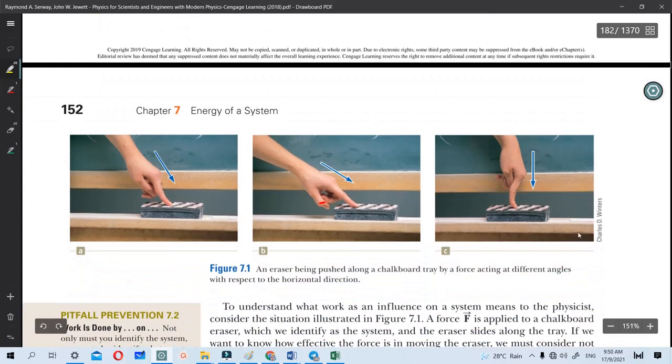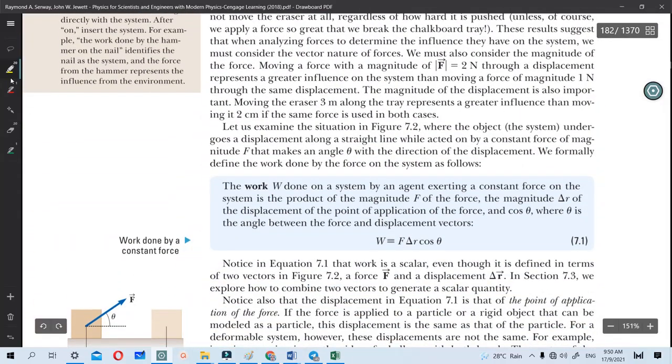So, we will see that the idea of work can be calculated by using this version, where work is done on an object, on a system of interest, by exerting a constant force. A constant here represents satu value yang sama nilai.